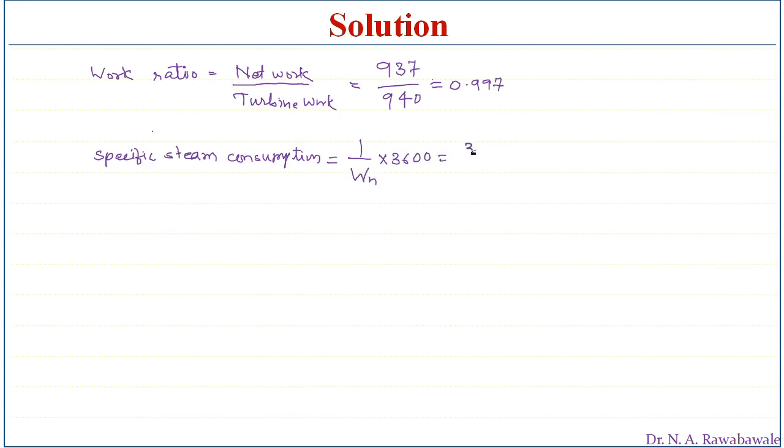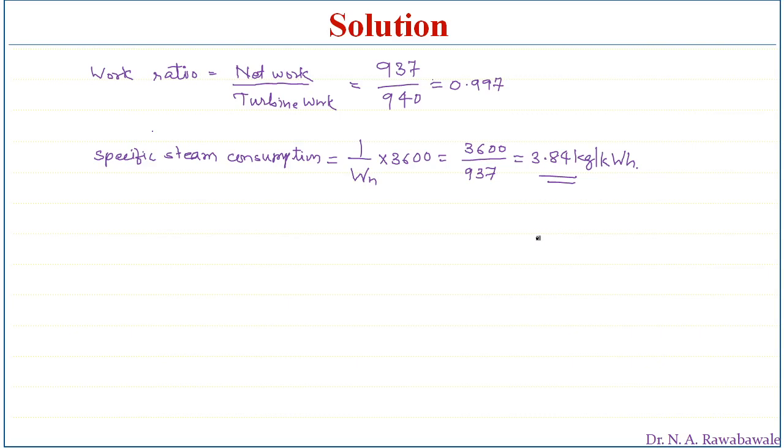Net work is 937. This gives us 3.84 kg of steam consumed per kilowatt hour. So how much steam is required per kilowatt hour is calculated with the help of this equation.